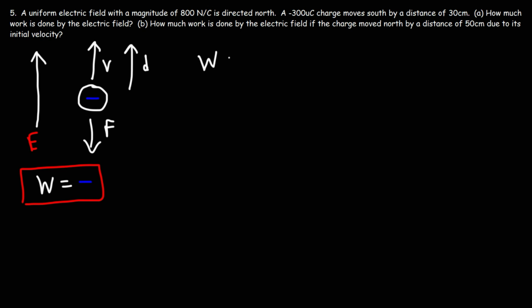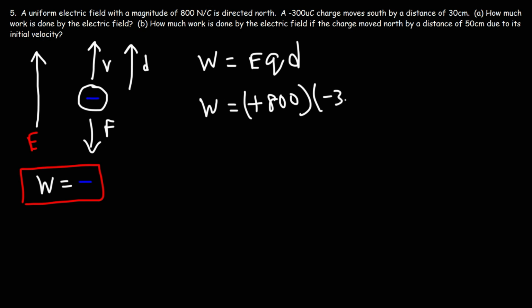So now let's use that other formula that we just got to calculate the work done. The electric field is still going to be positive 800. It's still directed north. Q is the same, negative 300 microcoulombs. The only thing that's different is the displacement. It's now in the positive y direction. So we're traveling a distance of 50 centimeters north.